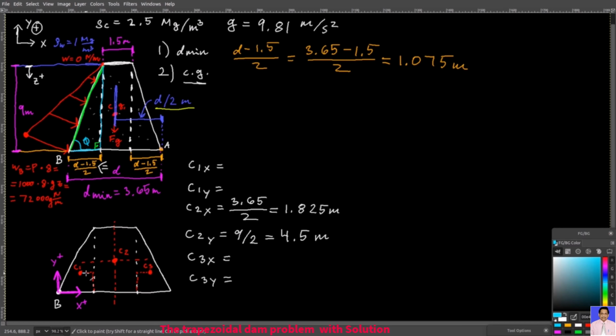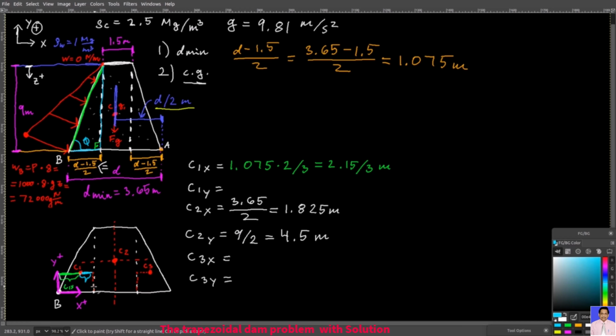And now, if this distance here is 1/3 of 1.075 meters, then this distance here, this green one, it's 2/3 of 1.075. And that would actually be 1.075 times 2 over 3, and that will give you 2.15 over 3 meters. It's this distance here, C1x.